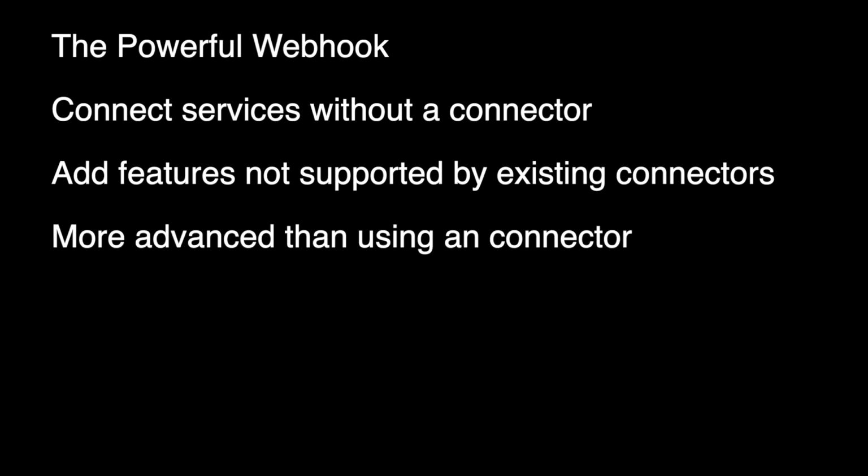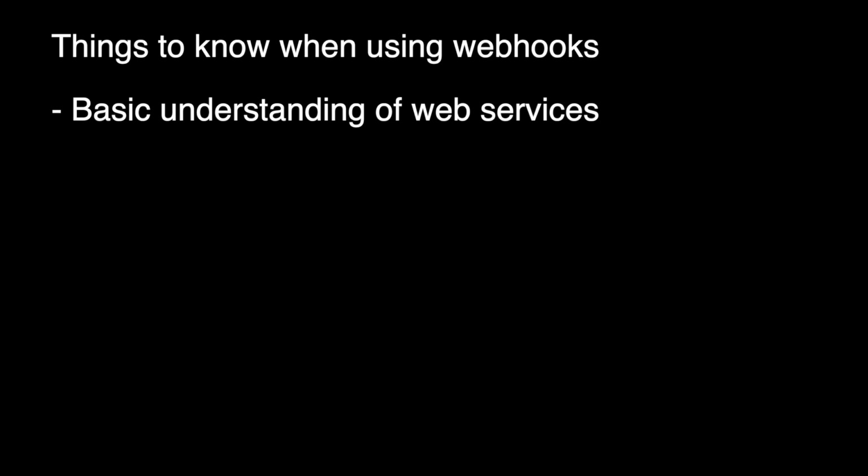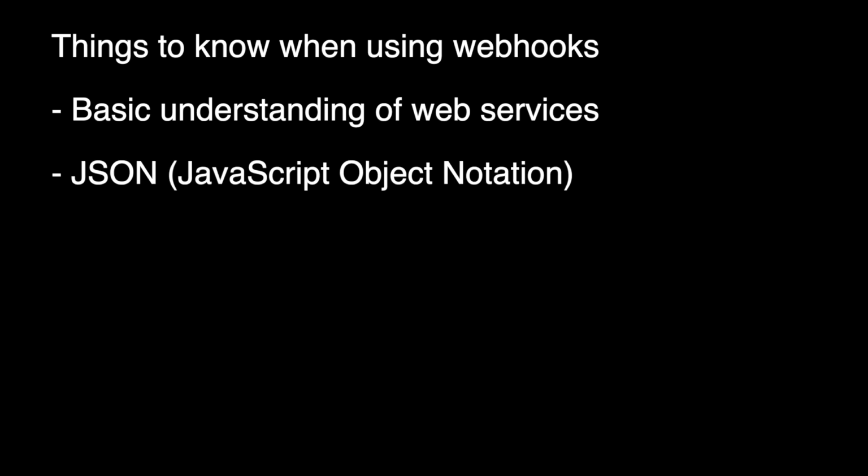There's a little bit of a learning curve with using these in that you will need to understand a general overview of how communication with web services and Claris Connect work. You'll need a little bit of information on how JSON works. And JSON is just JavaScript Object Notation.